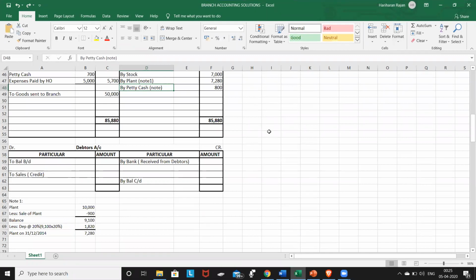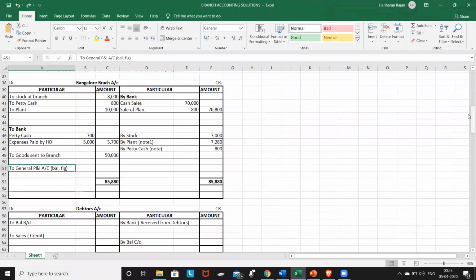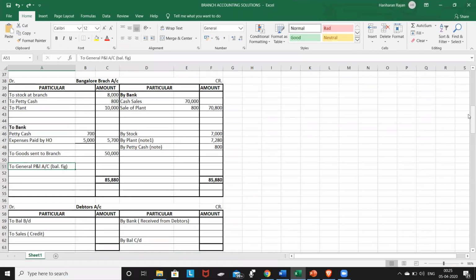Let's go for the format. So the second problem, I'm not asking the profit. The profit is 11,380. If you got this, it is correct. If you did not get the correct answer, you can always keep it as a question and we can solve it, or you can ask your doubts in the chat, so we can solve it there also.